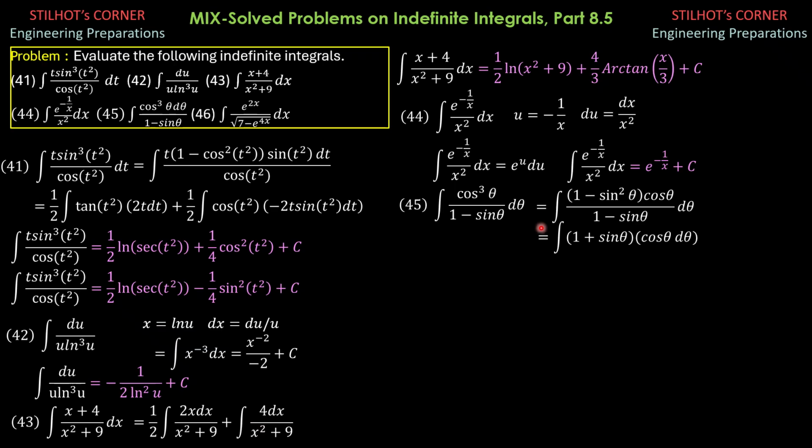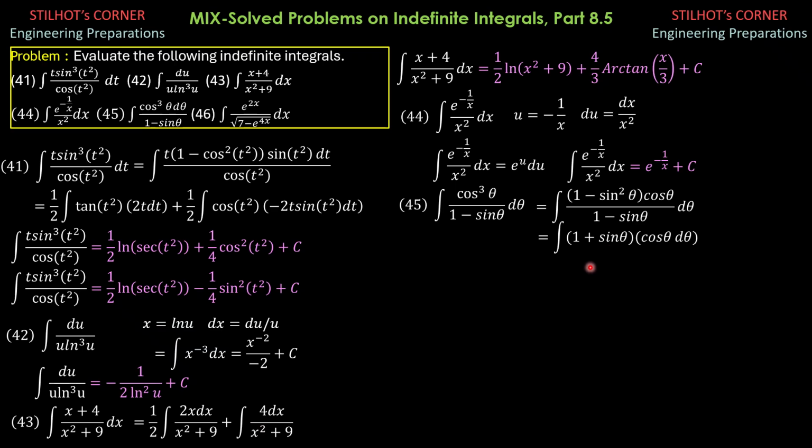So one way is if we put u be the entire 1 plus sine theta, the differential is cosine theta d theta. So the answer is 1 plus sine theta quantity squared over 2 plus c. The other way is we may distribute: integral of cosine theta d theta, plus integral of sine theta cosine theta d theta.